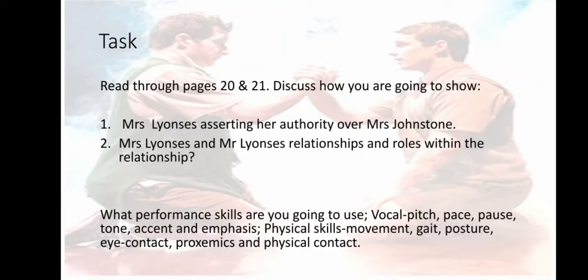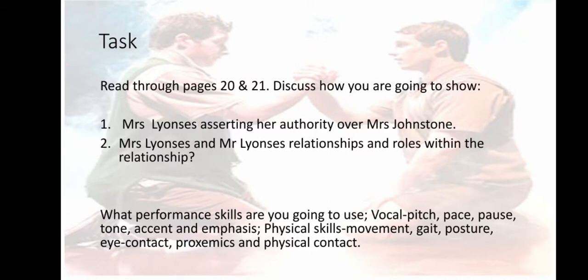Today's lesson you will be exploring pages 20 to 27 and you will be gaining an understanding of how to stage these scenes. Task 1. Read through pages 20 and 21 and discuss how you are going to show Mrs. Lyons asserting her authority over Mrs. Johnston, and Mrs. Lyons and Mr. Lyons' relationship and role within the relationship.